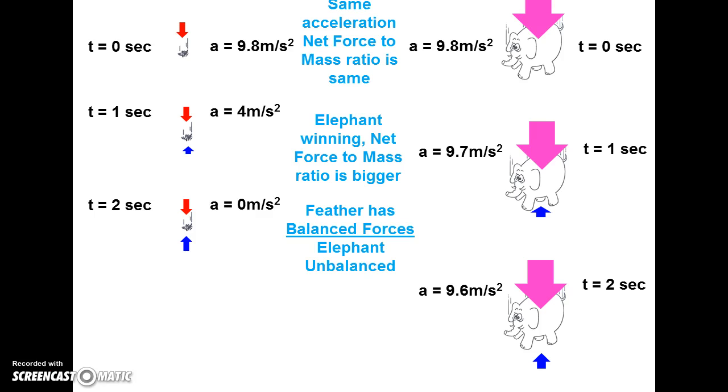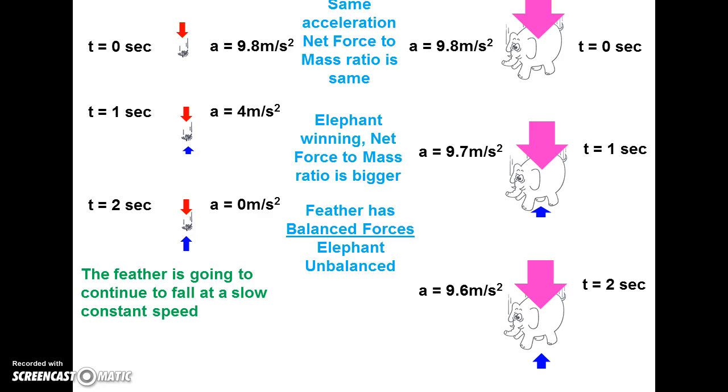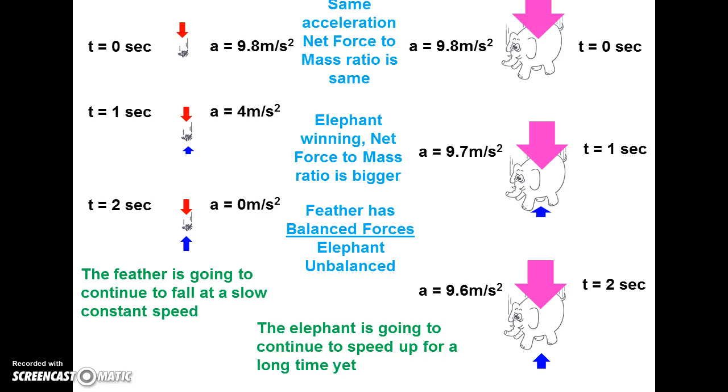So the feather now has balanced forces acting on it, while the elephant still has unbalanced forces acting on it. The feather has stopped accelerating. The elephant is going to continue to accelerate. So the feather continues to fall at a slow, constant speed now. Balanced forces are acting on it. The elephant is going to continue to speed up for a long, long time.